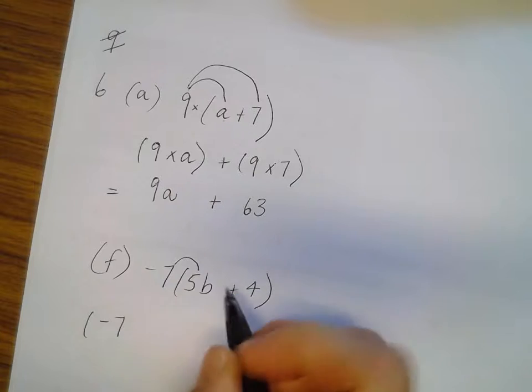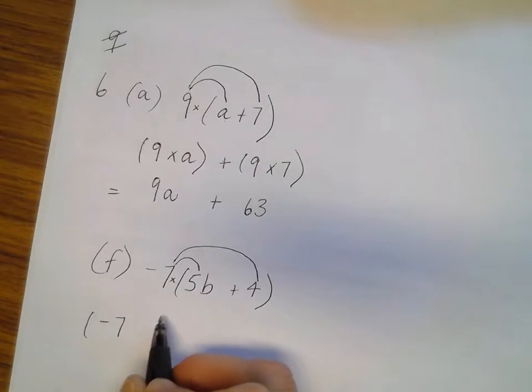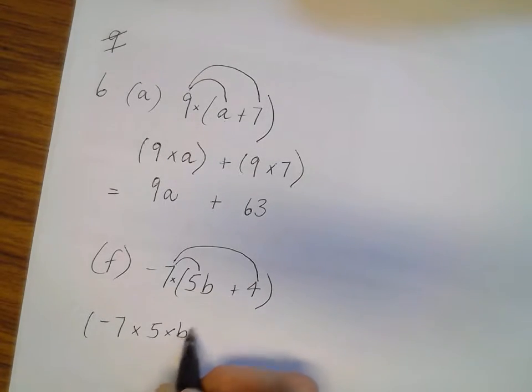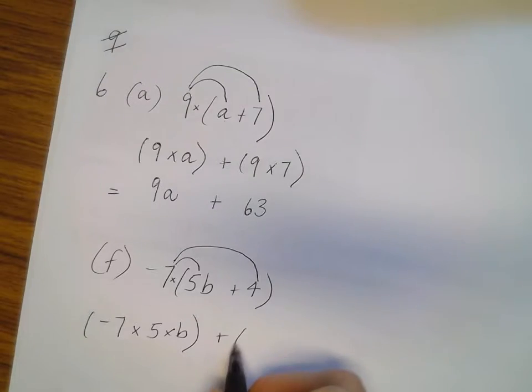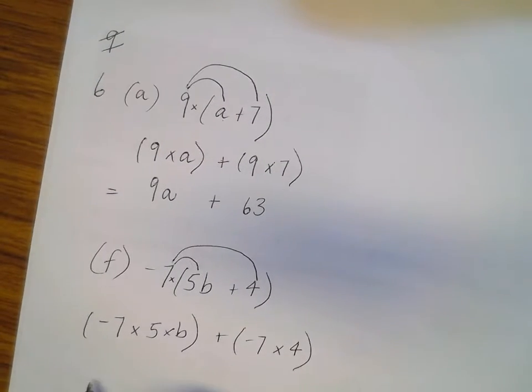So remember, it's distributing or sharing whatever is outside the bracket with whatever's inside the bracket, remembering that there's a multiply there. So let's write down what we can see. It's negative 7 times 5 times b is the first distribution, and then negative 7 multiplied by 4.